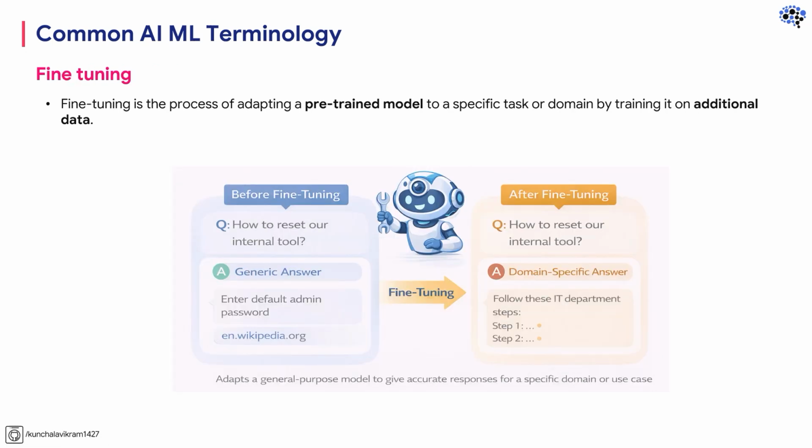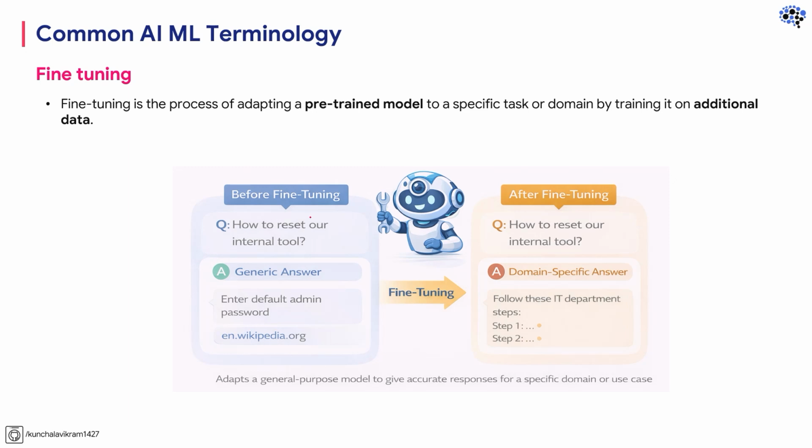Fine tuning. So what is the process of fine tuning? For example, we take an LLM or a model which is already available, right? And if you ask that model something which is not known to it or which is very internal to your organization, the model will fail to answer, or it may generate hallucinated answers, right?